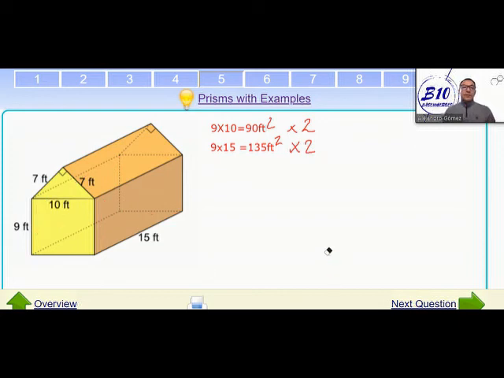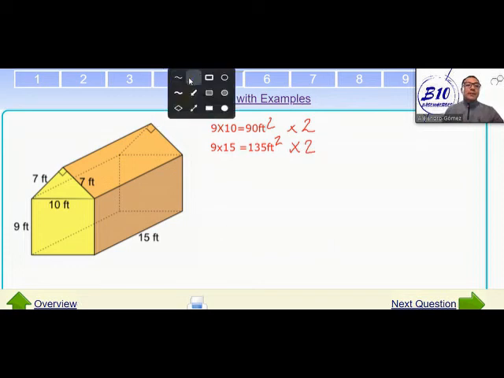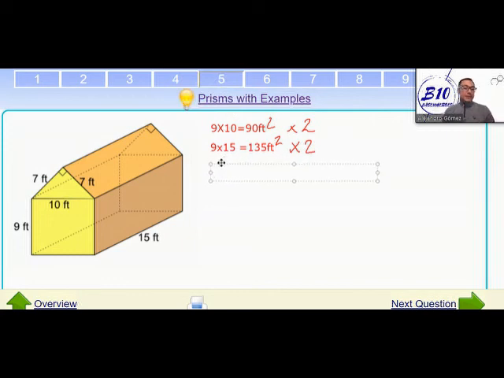We already have that one, and now we are going to go with the one at the bottom, which is somehow the base of it. So it is going to be 15 feet by 10 feet, and we can tell that is 150 square feet.